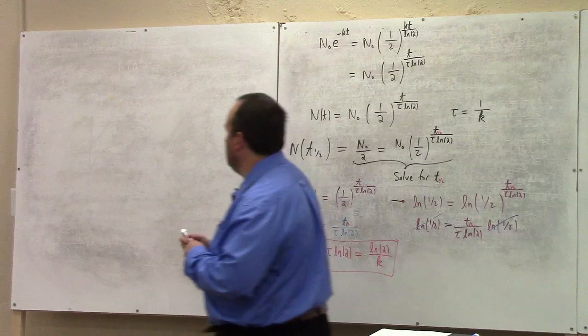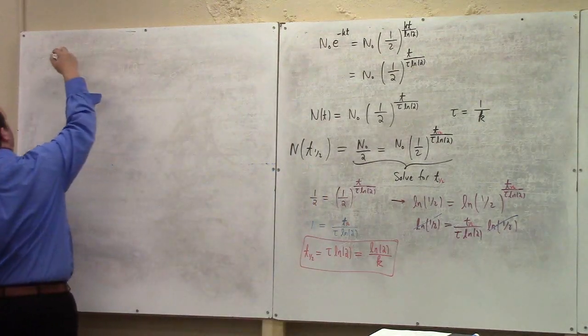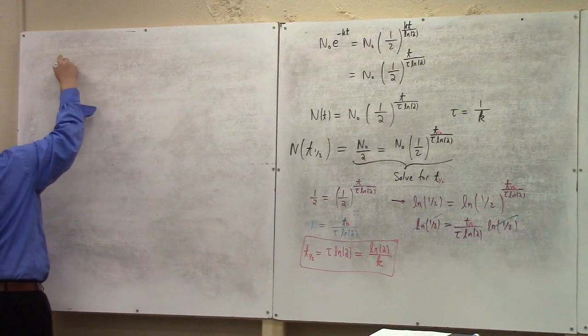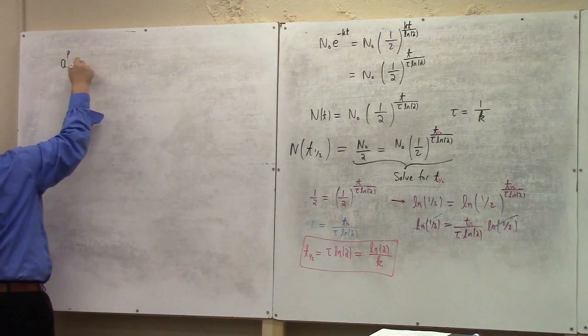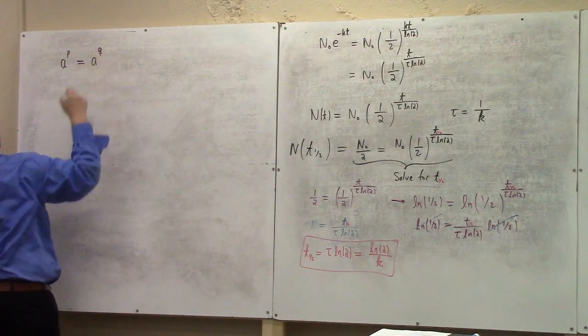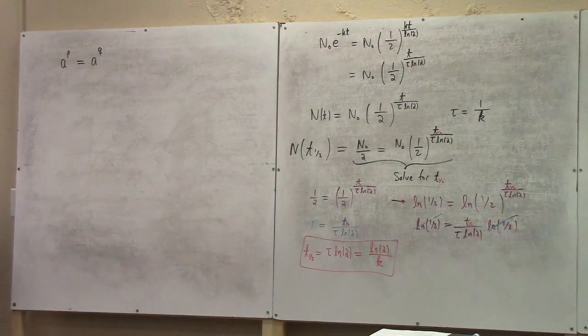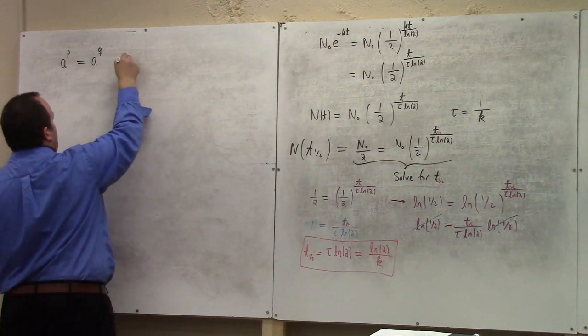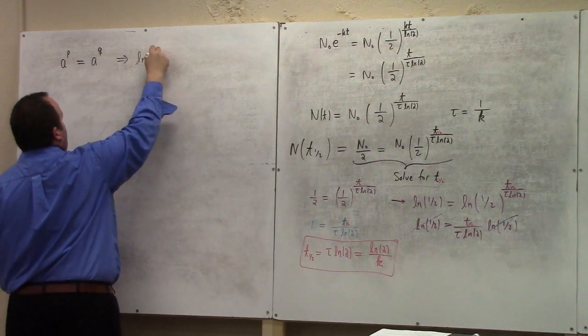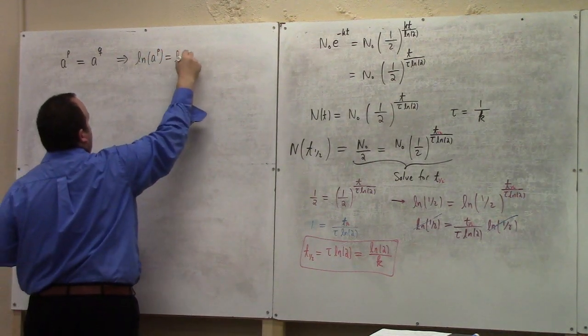If we're going to solve a to the power p equals a to the power q, then this implies that the natural log of a to the p equals the natural log of a to the q.